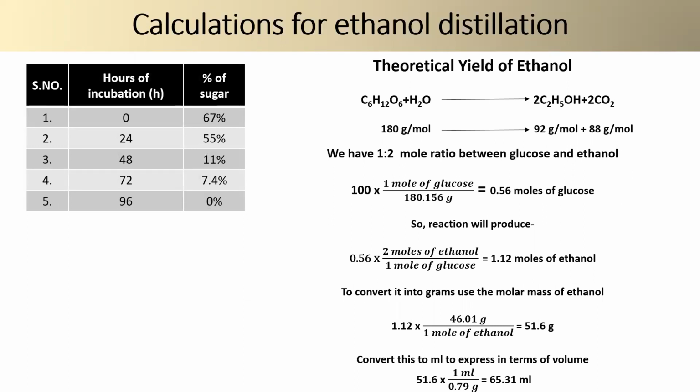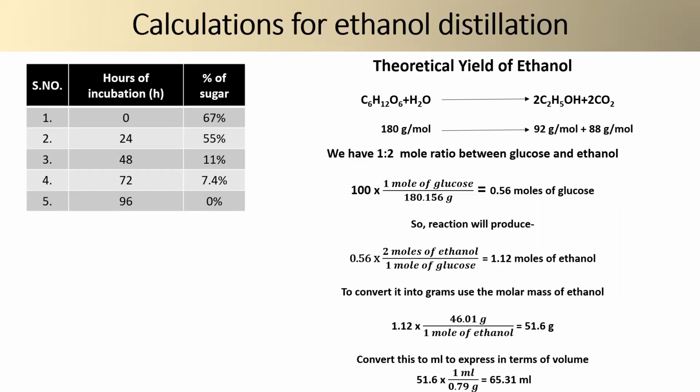Here we are going to calculate the ethanol in the form of theoretical yield of ethanol and actual yield of ethanol. In this practical, we are going to see how to calculate the theoretical yield of ethanol. From the stoichiometry, it is evident that 180 grams per mole of glucose produces 92 grams per mole of ethanol and 88 grams per mole of CO2.